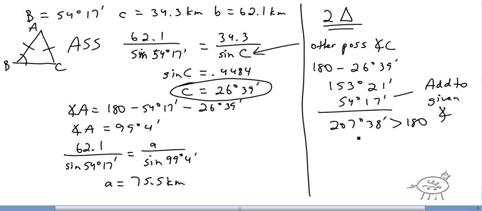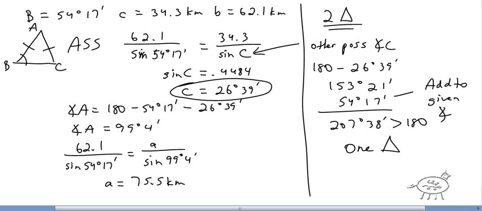So it's not a possible angle. So really, in this case, there's one triangle. You don't have a second triangle, and so our answer is: here's angle C, here's angle A, and here is side A.